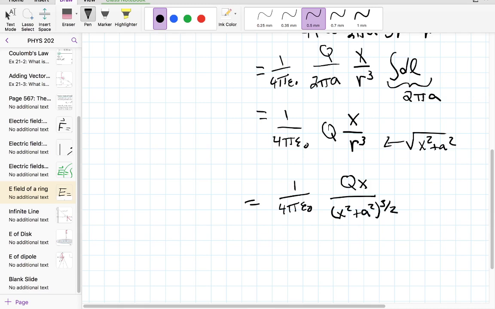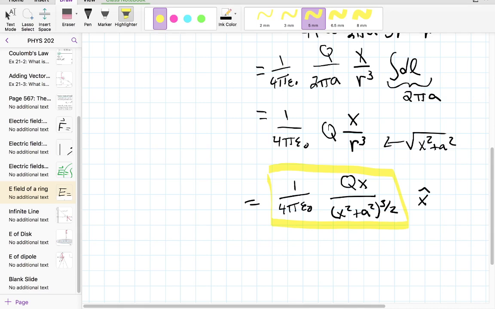And if we want to specify that this is in the x direction, we can add a unit vector there. Okay, so this is our electric field: 1 over 4 pi epsilon naught, the charge of the ring times the distance from the ring, divided by x squared plus a squared to the 3/2 power. How do we know if that's right?